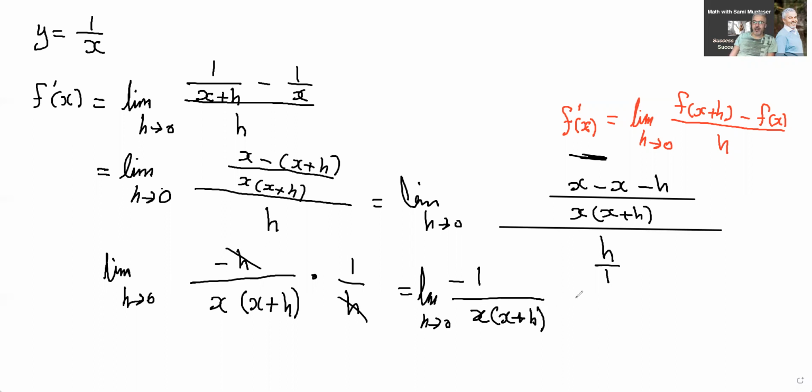Now, you're able to sub in that 0 for h, and you end up with negative 1 over x times x plus 0, which gives me negative 1 over x squared, and that's the derivative of 1 over x using the definition.